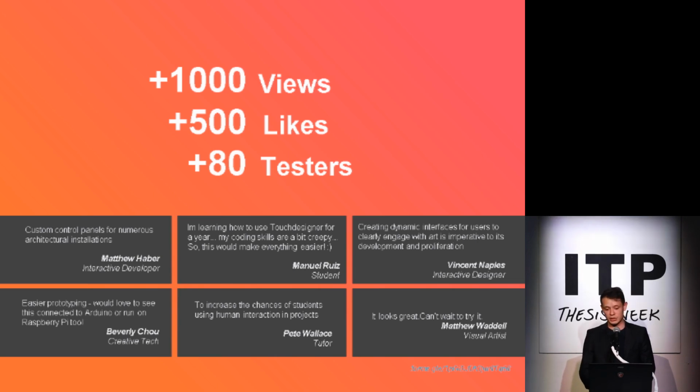So we have students that want to create a student project with Oscar. There are professors that want to include Oscar in their normal classes, and there is a community around creative technologies that want to try Oscar in their own interactive installations.